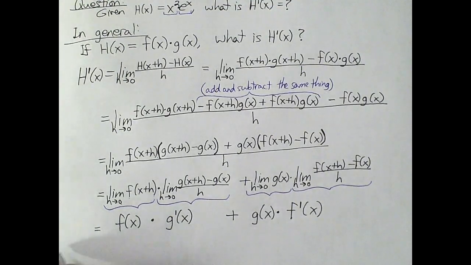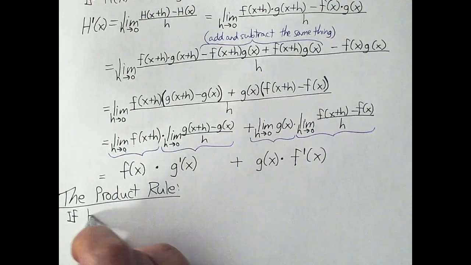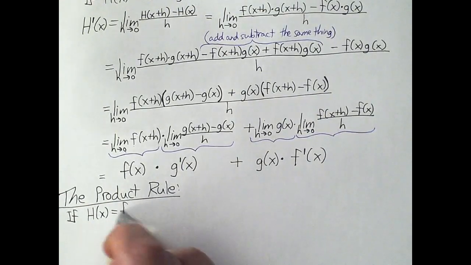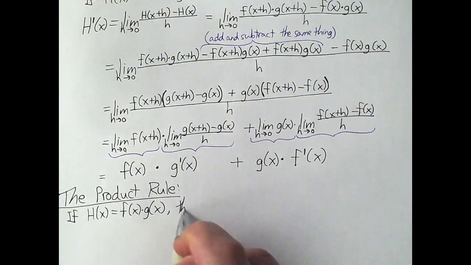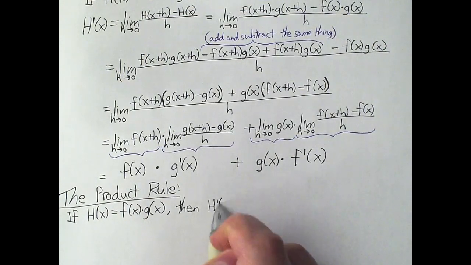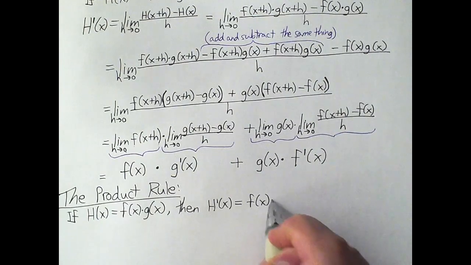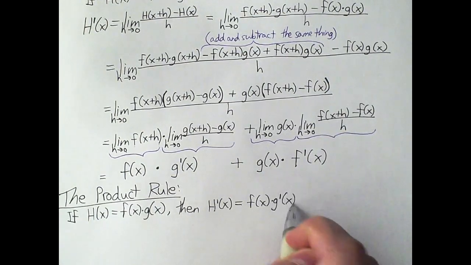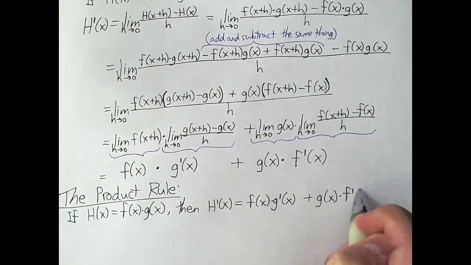So we just derived the product rule. And it says, let's summarize, if h of x is f of x times g of x, a product of 2 functions, then h prime of x is equal to what we found, f of x times g prime of x plus g of x times f prime of x.